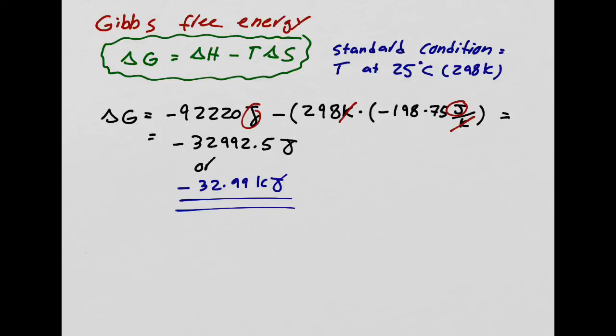Now let's talk about the delta G. The Gibbs energy could be minus or it could be plus. If the Gibbs energy is minus, that means it's favored. Plus is not favored. So, will this reaction happen? Yes, this reaction will happen.